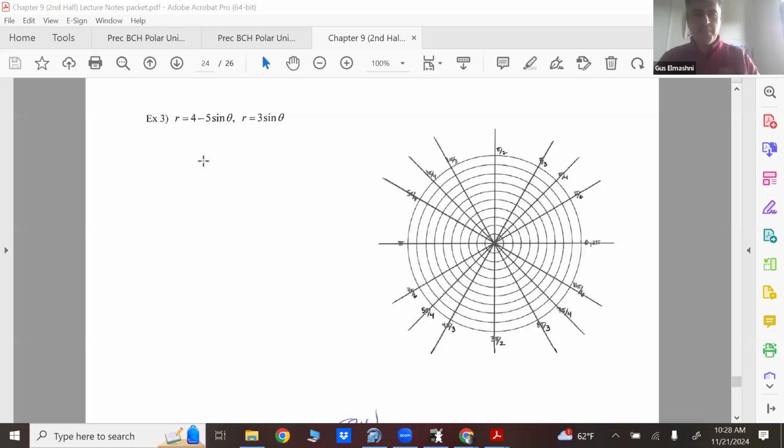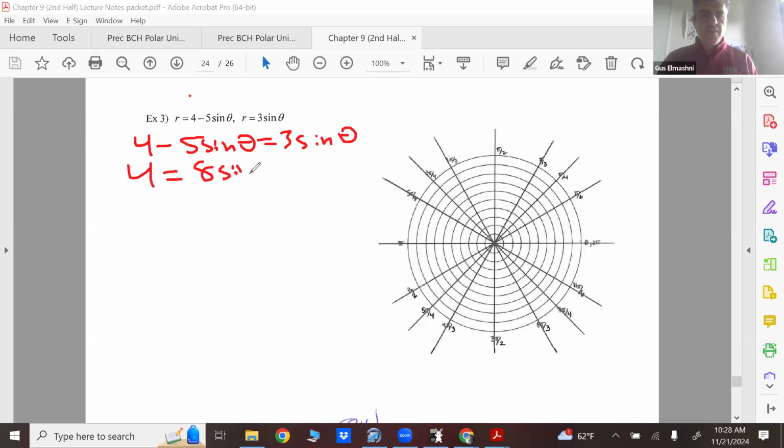All right. Okay. Example 3. Just set them equal to each other, right? Not that hard. Does that make sense?